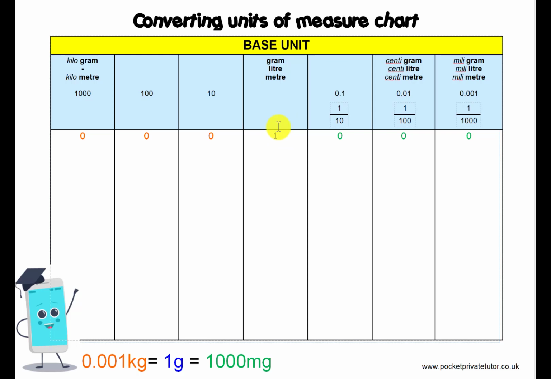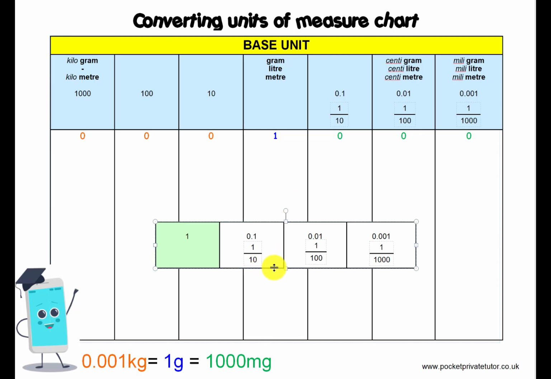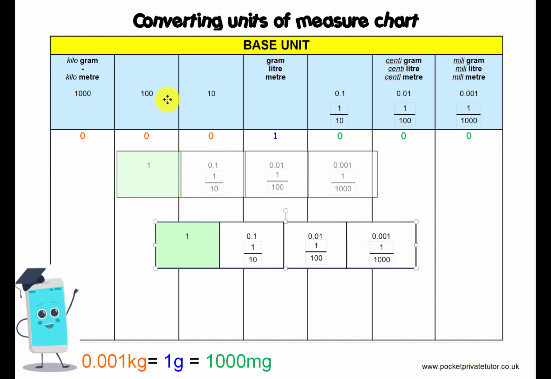So first of all, if I'm starting with grams, I go to my gram section and I write 1 in. So I've got 1 here already. I would then take my place value strip and I'm going to put, because I want to change grams to kilograms, I'm now going to put my 1 over kilograms.